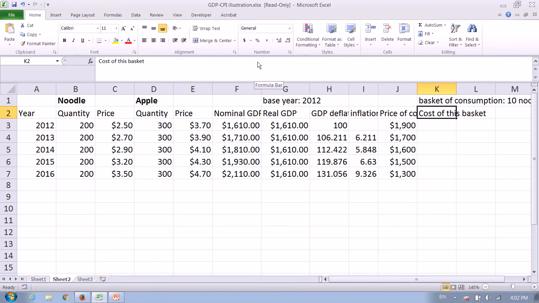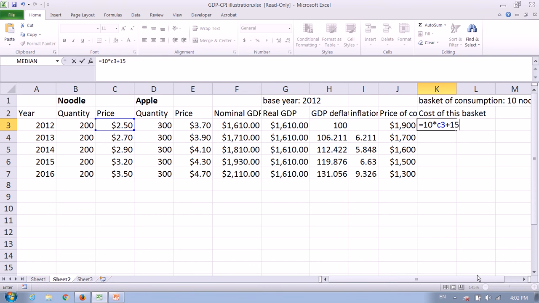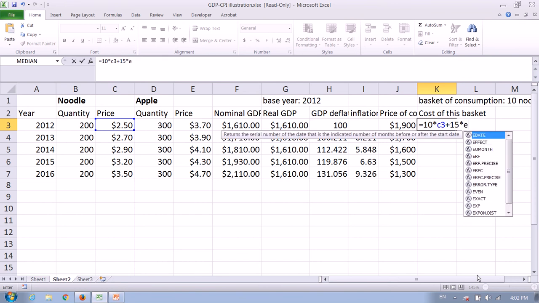Second step is to find the prices. So we already got the prices here. Third step is to calculate the cost of this basket. So in 2012, it's 10 noodles, and the price of noodles is C3, plus 15 apples, 15 multiplied by E3, and 1 computer.